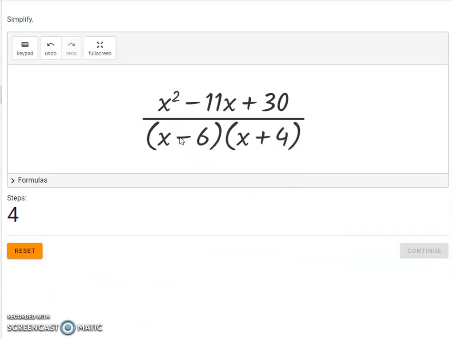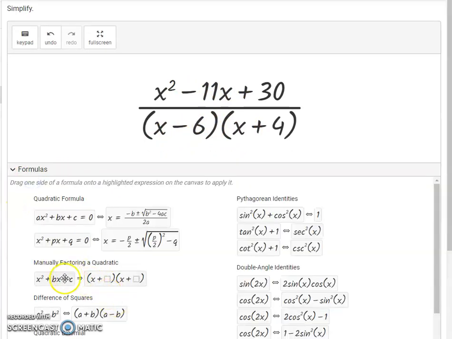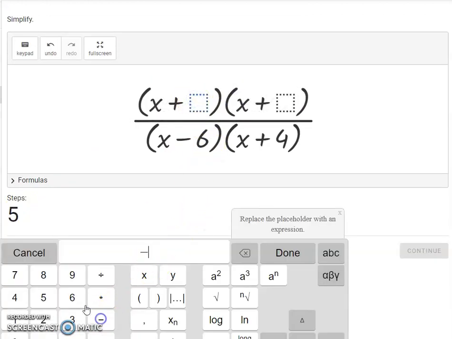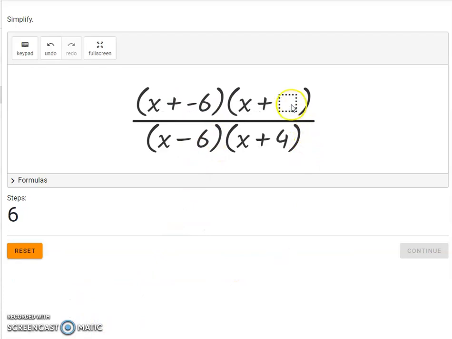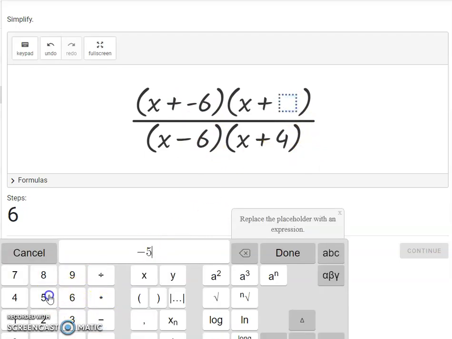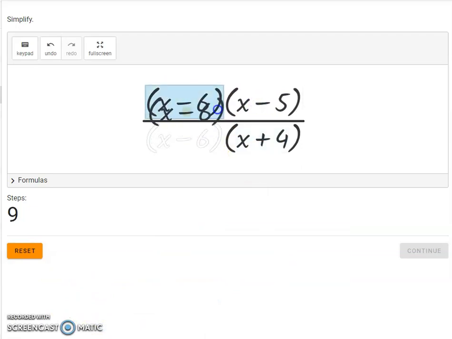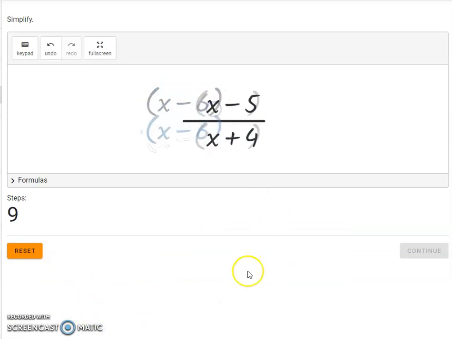I recommend changing to subtraction. So again, hopefully up here, one of these factors is a factor of this quadratic, and actually it is the x minus 6. So we're going to do x minus 6, and the other one is minus 5, or negative 5. So this gives me a value of 1.